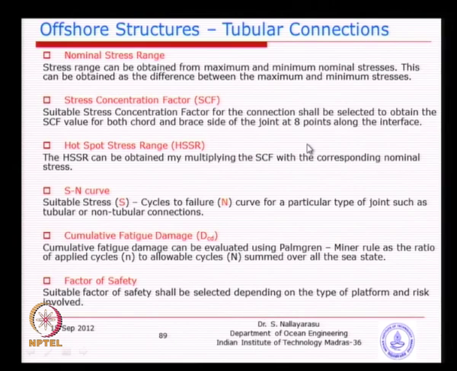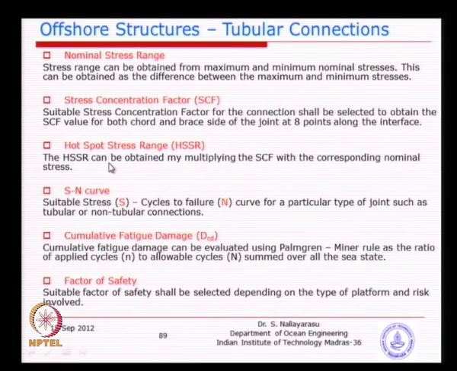First means the structural response in terms of nominal stress, that means a simple static analysis of the structure for a given wave height, and stress concentration factors. Basically, we saw some simple formulas earlier, but you will see a little bit complex formula.